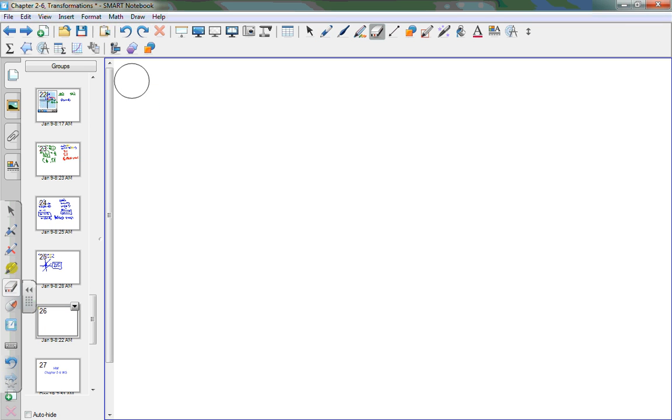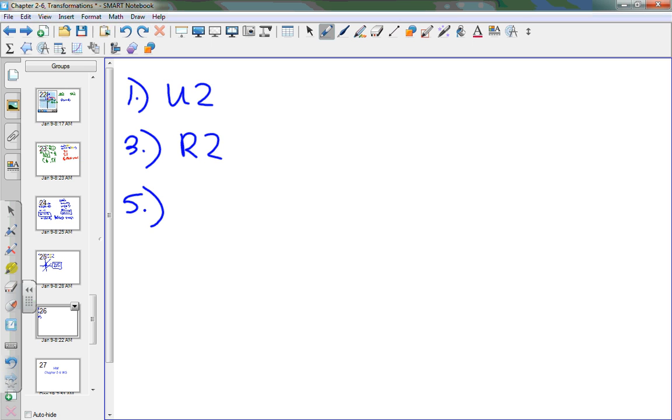U2. That's a good thing. Number 3, what should you have written there? R2, going to the right 2 units. Number 5, what should you have written there? Left. Go from left to right, folks. I'm going to be very picky about this. What's the negative do? Reflects over the x.